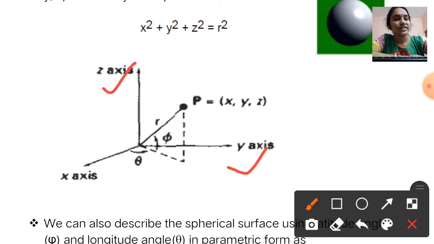But in 3D, we rotate it and this one is your z-axis, this one is your y-axis and this is your x-axis. The point which is P has coordinate position x, y, z, using the angles theta and phi, and the radius is this one, which is r.